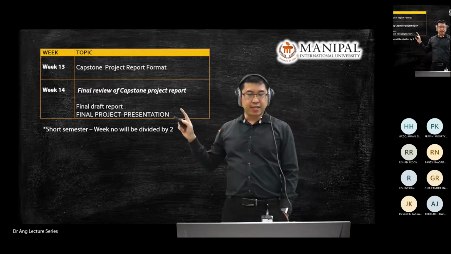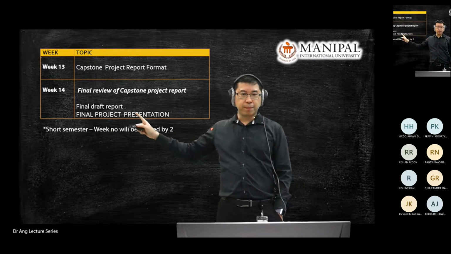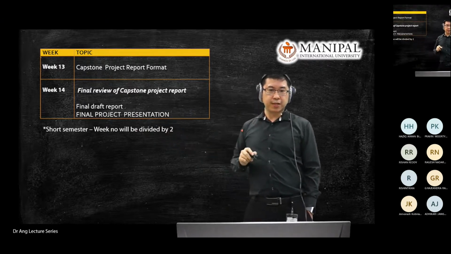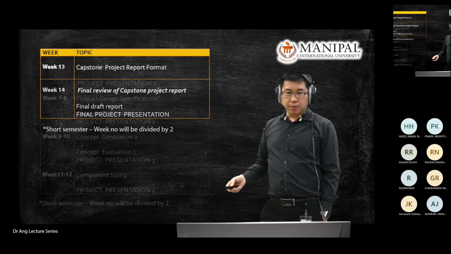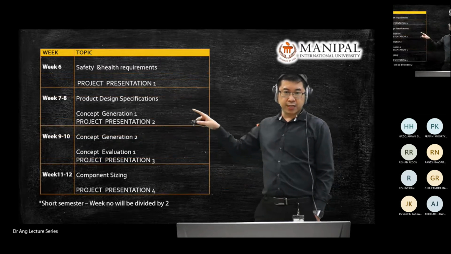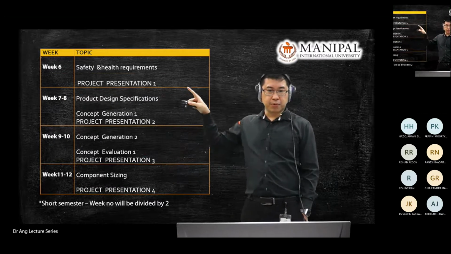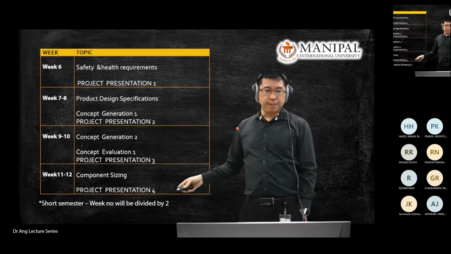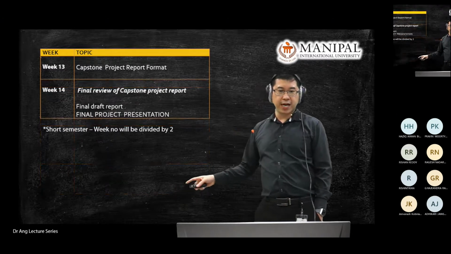Then in the last week of the semester, you need to submit your report to us, and you will do one final project presentation. All the presentations that you see in this table are progress presentations. By the 4th presentation, you are almost done with your idea.